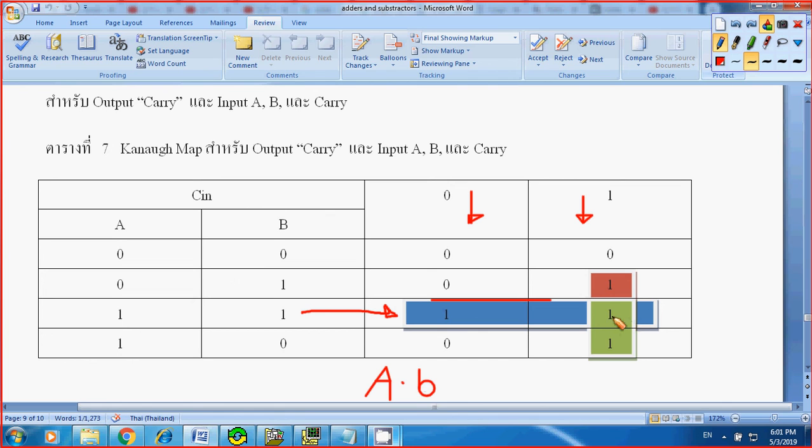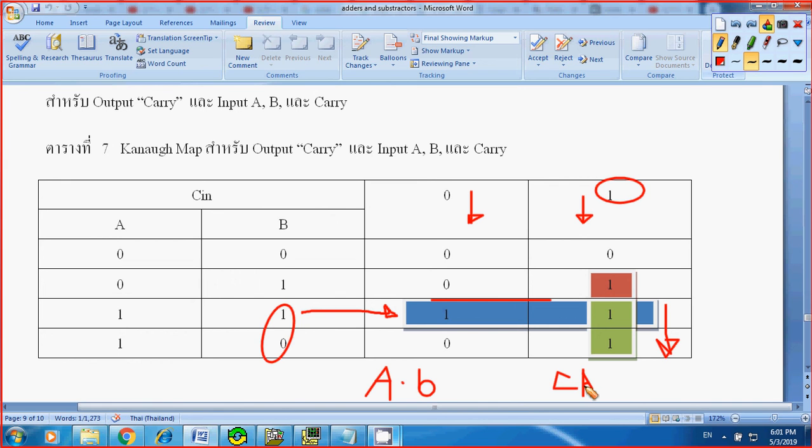And for the green one, you can take a look at the C input from the top to the bottom. C doesn't change. So you keep in mind that you need C, and simply C, not C bar, because the logic state is 1. But for A and B, you look from the top to the bottom, you can see that B changes from 1 to 0, so you don't need B. But for A, it doesn't change, it's still 1, and you simply put A, not A bar, because the logic state is what? 1, right?